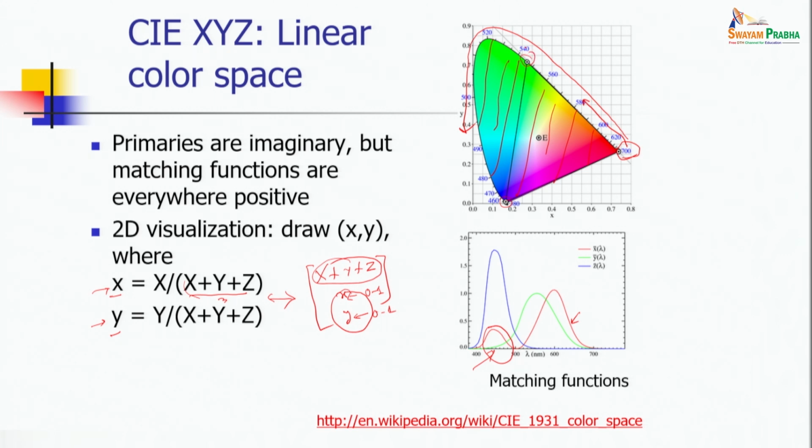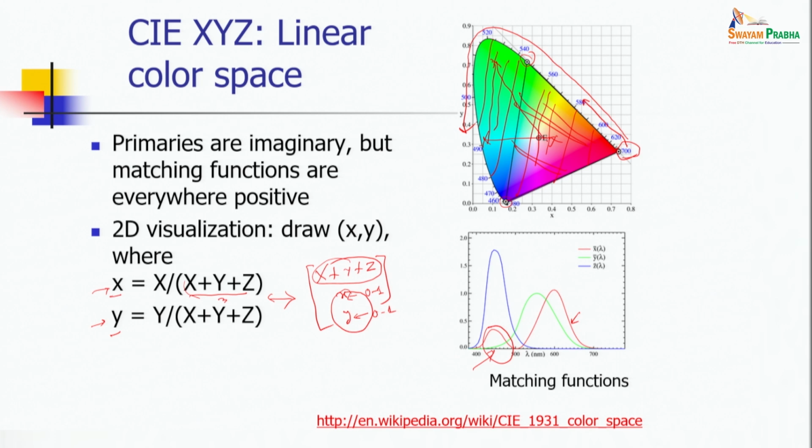And now, if I consider additive mixing, and these are the three primary colors, then it forms a triangle, and all the points within this triangle form the possible colors which could be reproduced through additive mixing of these primaries. So if you take any three primaries in this particular plot, we call it the XY chromaticity chart.